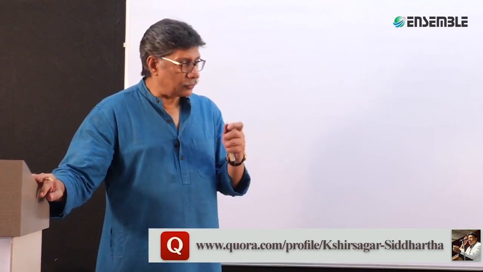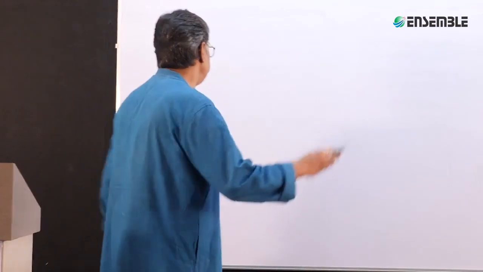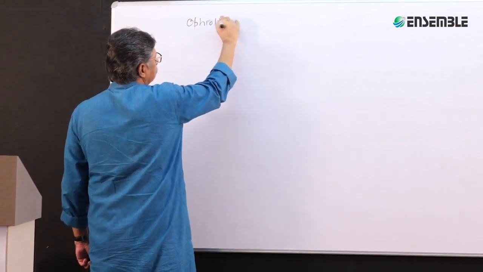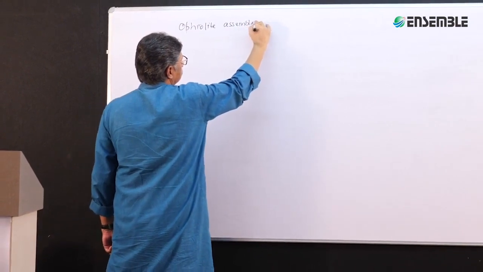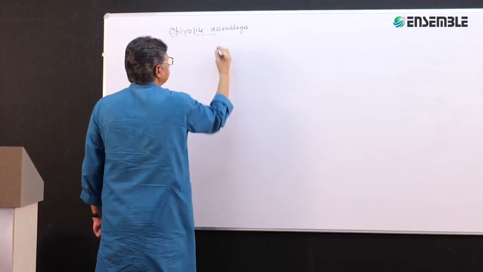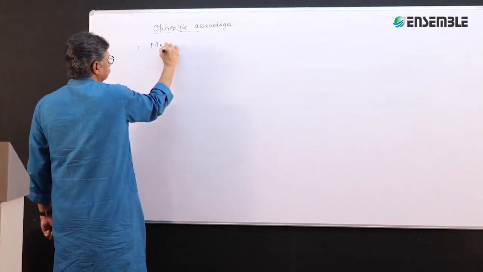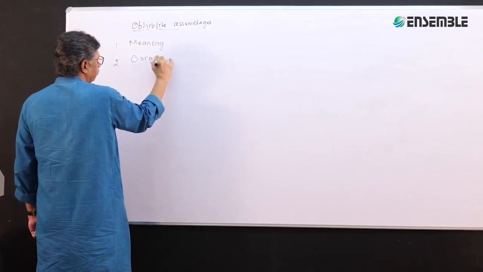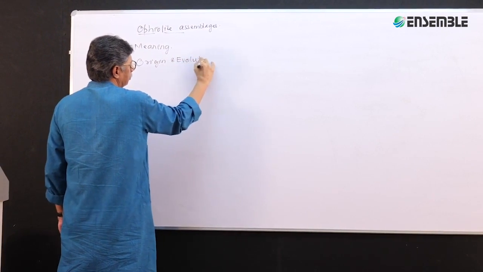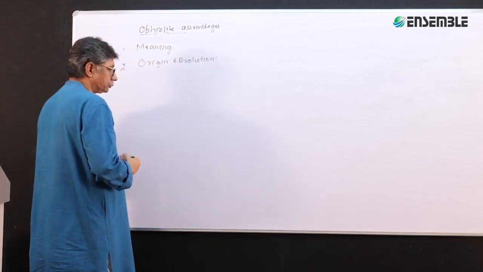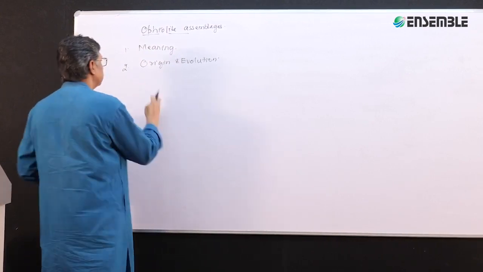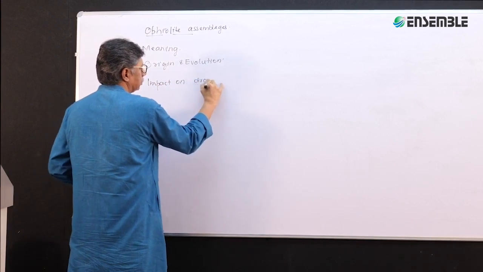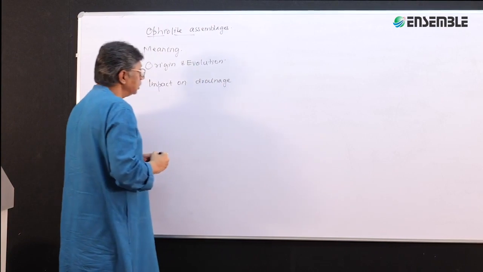Coming to the first one: what are ophiolite assemblages and how do they originate and evolve? These are the 3 components of it.